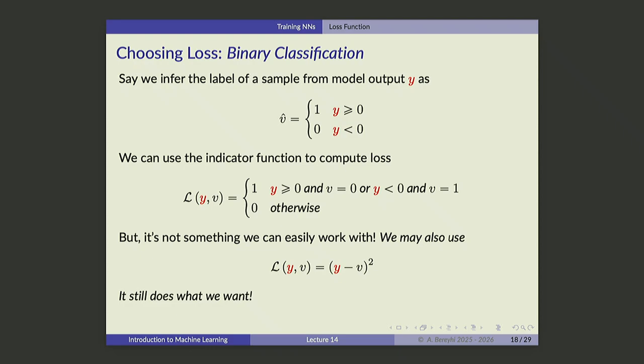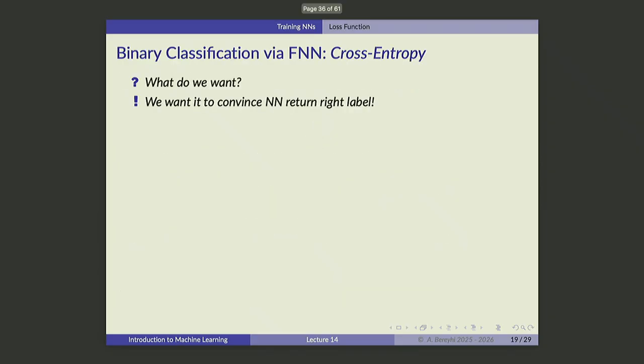If v is 0, then you're going to make the output of your neural network as close as possible to 0, right? So it means that when the class is 1, your neural network is going to learn to give you output 1. When the class is 0, it's going to learn to give you the output 0, which is basically what you want, right?